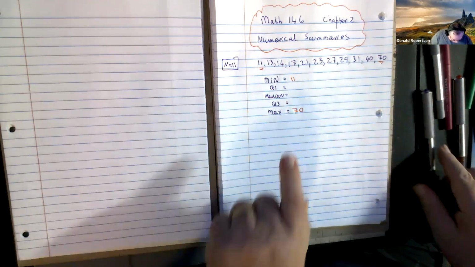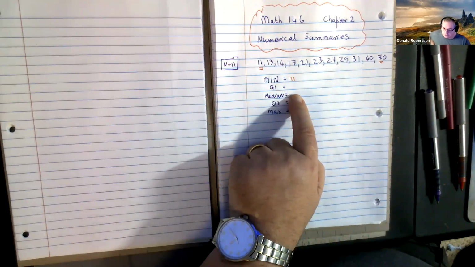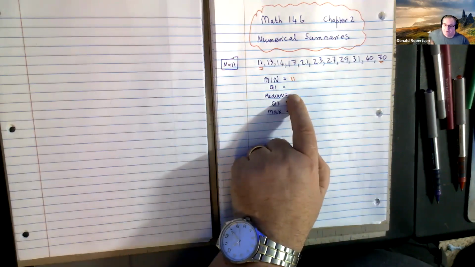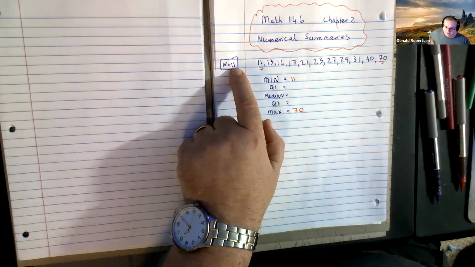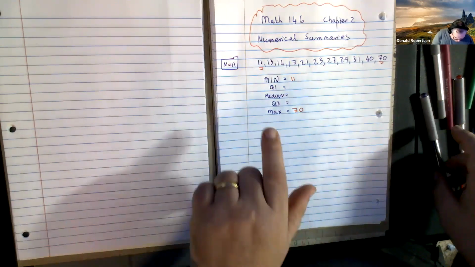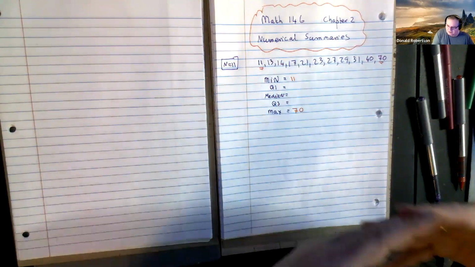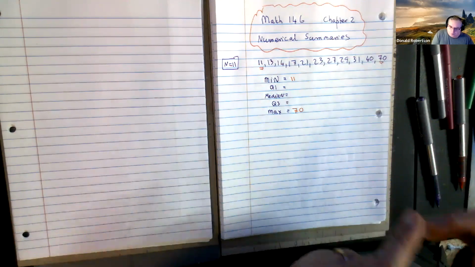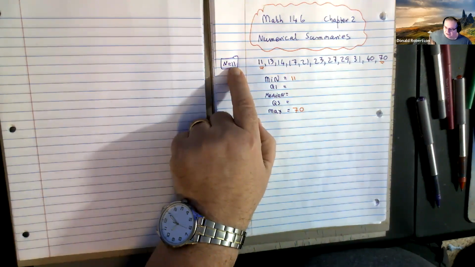Now, once you've got those two, the next guy you get, if you're going to do it by hand, is the median, the middle number when they're in order. Now, there are 11 numbers here. So if you think about when it's an odd number and there's 11 or 13 or 21, and you want to know where to stop, where the middle number is, add 1 to that and half it, and you get 6.